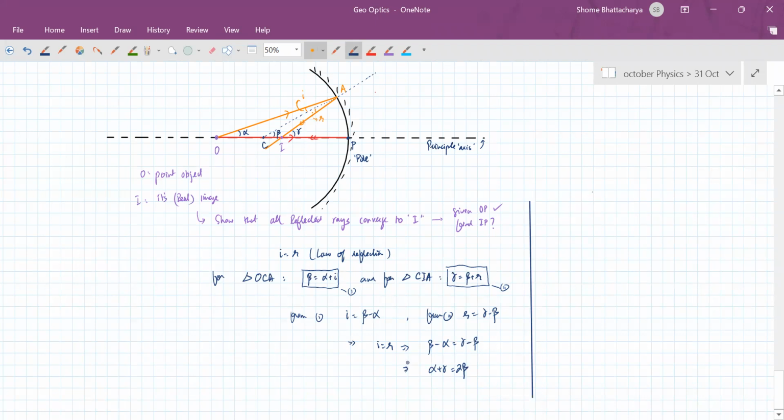For this equation, if we consider alpha to be a small angle, that is less than about 5 degrees, then automatically you can see from the diagram that beta and gamma also become small angles.